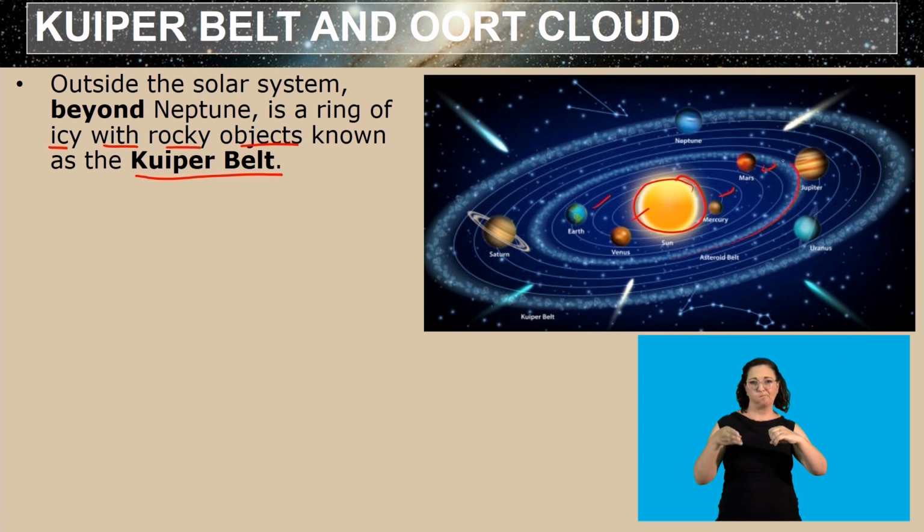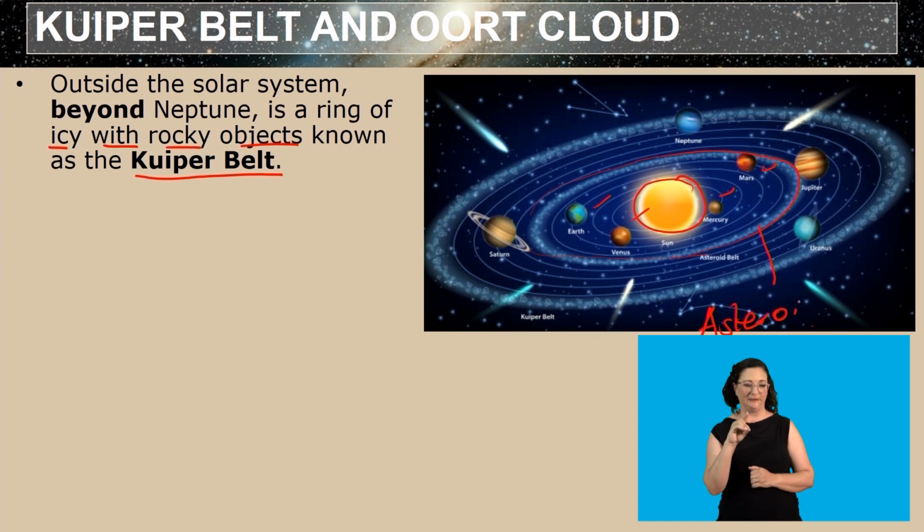If you can see that icy layer there, this one is called the asteroid belt. The asteroid belt separates the two groups of my planets. Remember, I have the inner rocky planets and I have the gaseous planets.